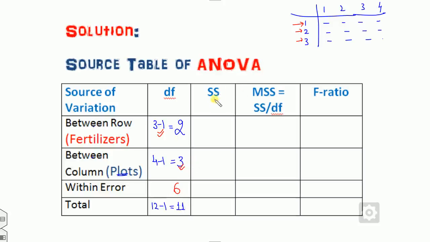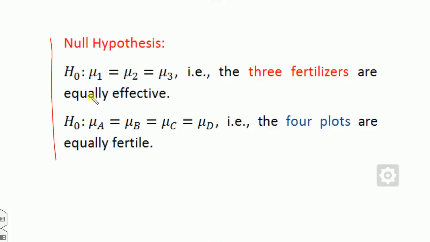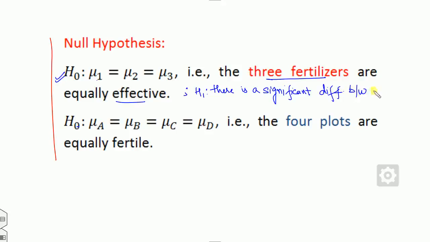Now the task is to compute the SS. So how do you compute this? Firstly, you find the null hypothesis. Since there are two factors, we define the H0. Since there are 3 fertilizers, mu1, mu2, mu3, the 3 fertilizers have equal effect. H0 for the second factor: there are the 4 plots, A, B, C, D. And H1 for the fertilizer is that there is a significant difference between the 3 fertilizers.